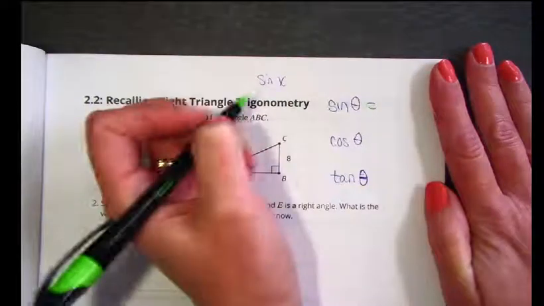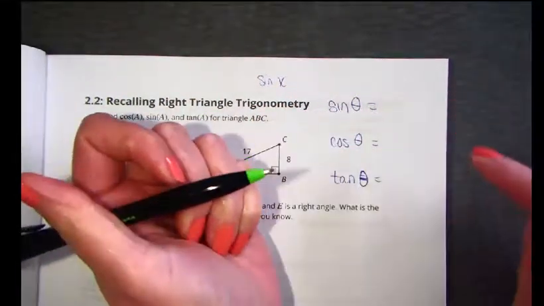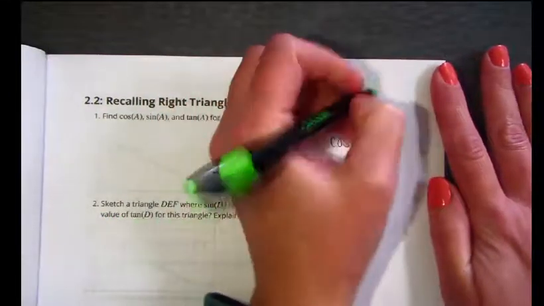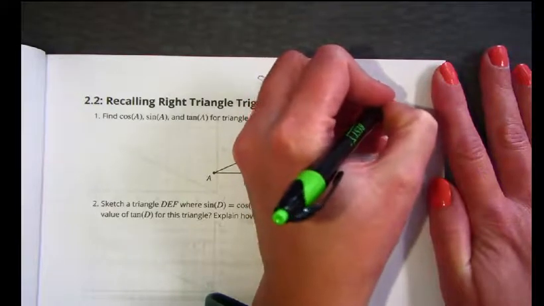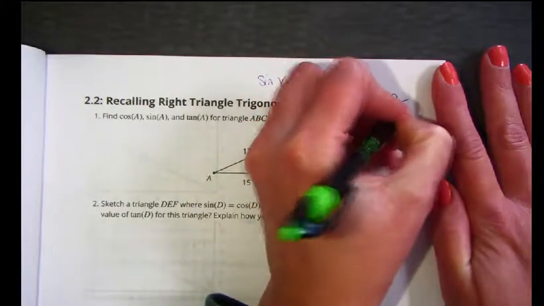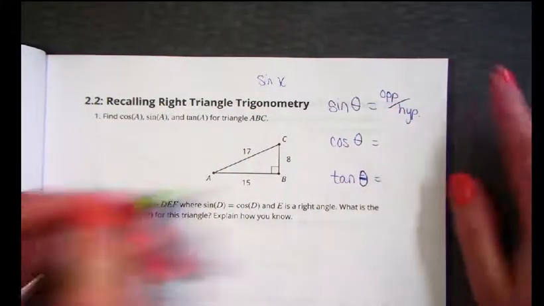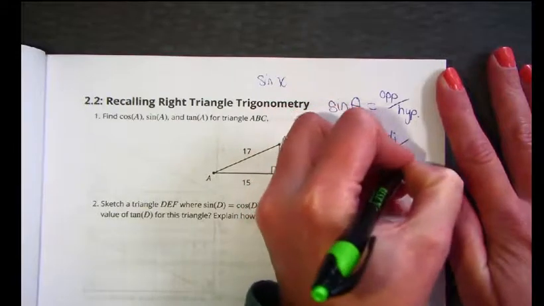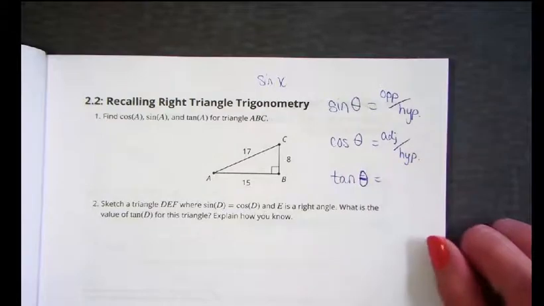Sine is an operation in math, just like division, multiplication, log, things like that. So sine, cosine, and tangent relate the opposite, the adjacent, and the hypotenuse. So perhaps you're remembering SOHCAHTOA. Sine is the opposite over hypotenuse. Cosine is the adjacent side over hypotenuse.